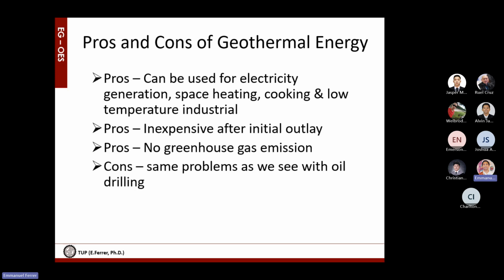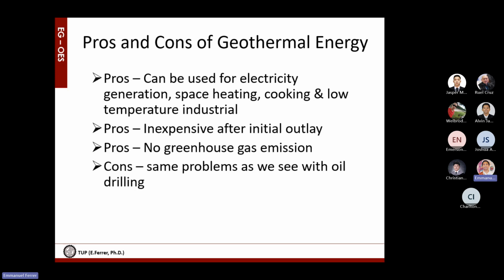Pros again, it's inexpensive after the initial outlay because your feedstock is free, it's from underground. Pros again, there are no greenhouse gas emissions, but maybe there is sulfur, depending on the quality of your steam.